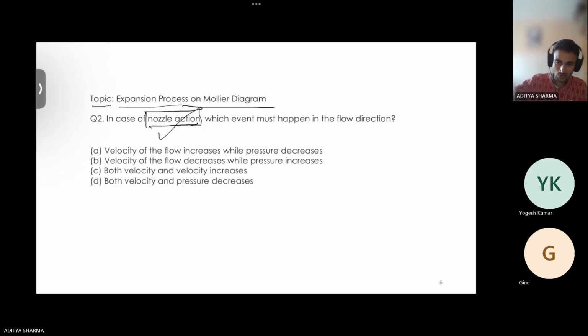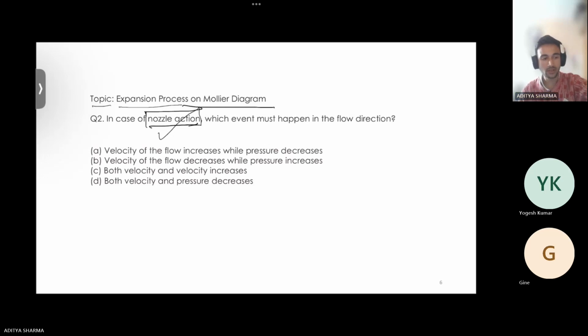You have to answer what a nozzle does, and also whether it's an expansion process or a compression process, because if velocity increases, what happens to the static pressure?